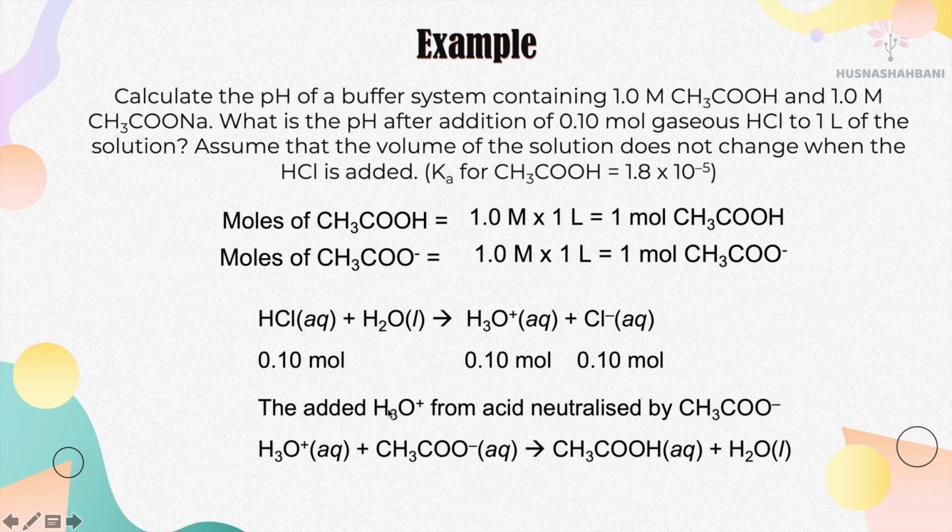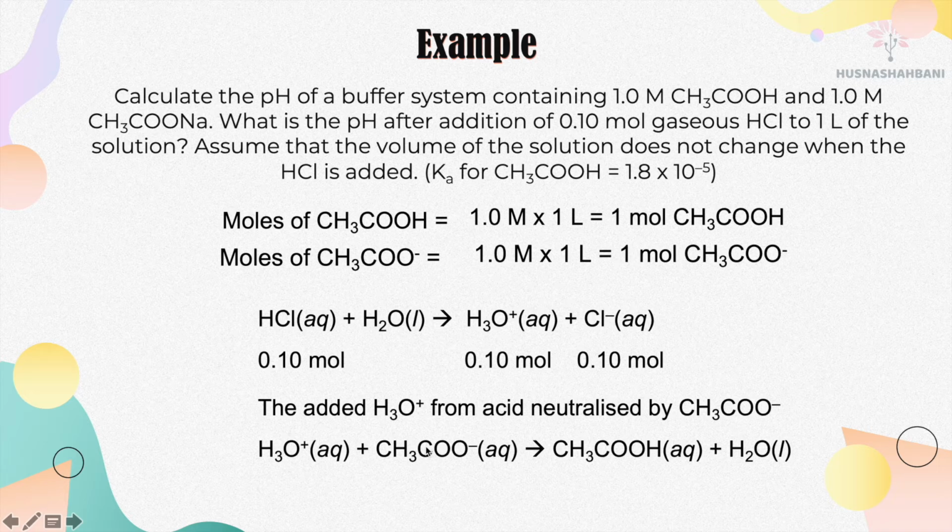So that H3O plus you add into the buffer containing CH3COOH and CH3COO minus. That H3O plus from HCl will react with CH3COO minus. The positively charged ion reacts with the negatively charged ion in the buffer solution. So when it reacts, it will produce CH3COOH.